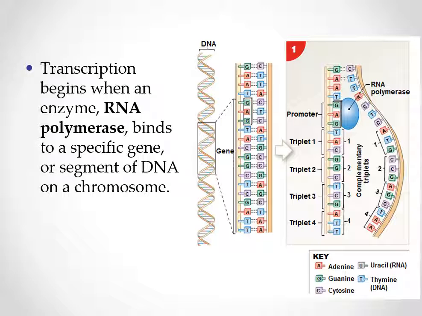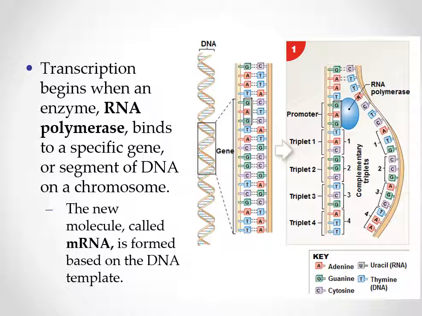Just like helicase and DNA polymerase, with transcription you have another very special enzyme called RNA polymerase. Just like DNA polymerase, it binds to a specific gene or a specific DNA sequence. This new molecule is called mRNA, or messenger RNA, and it's going to use DNA as a template.